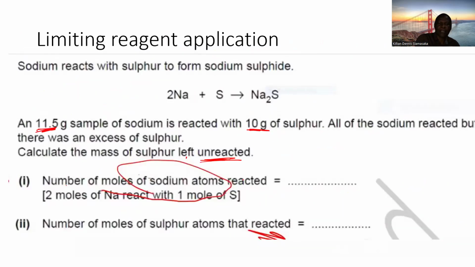So we have found that 2 moles of sodium react with 1 mole of sulfur, the number of moles of sodium atoms being 0.5 moles, and the number of moles of sulfur atoms that reacted being 0.25 moles.